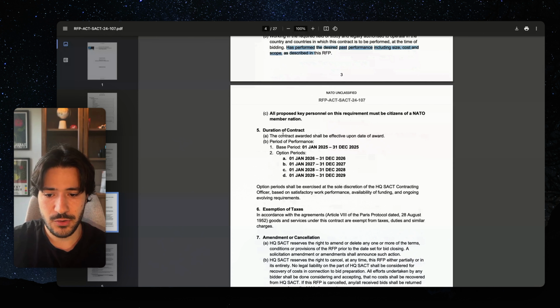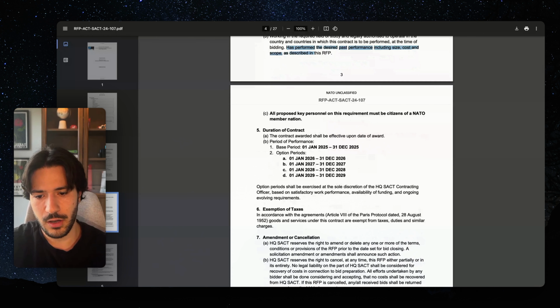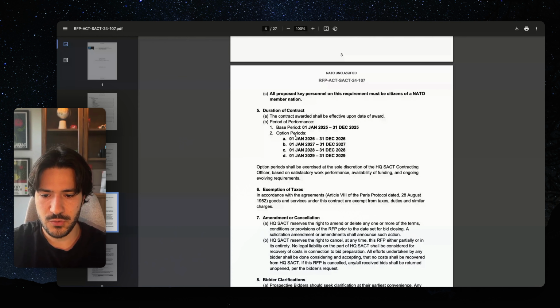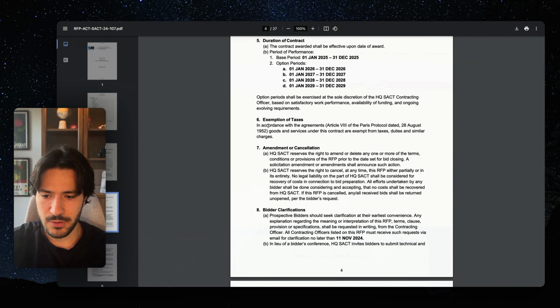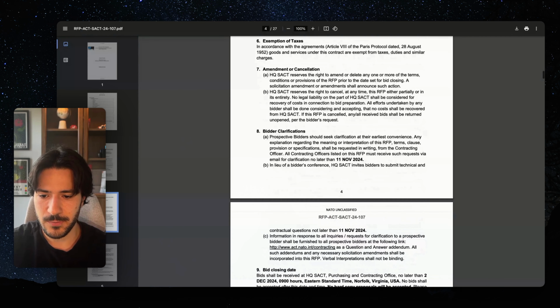It should be effective upon date of award. They have these periods: the first one is the first year, and then there are optional periods of up until 2029. So that's good. Since it's NATO, I think this one is exempt from taxes. So the agreement says goods and services under this contract are exempt from taxes. That's nice to know.